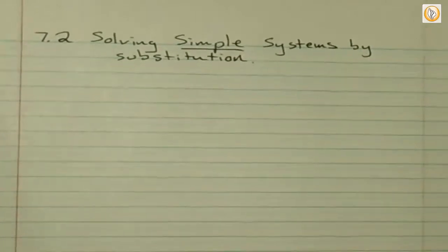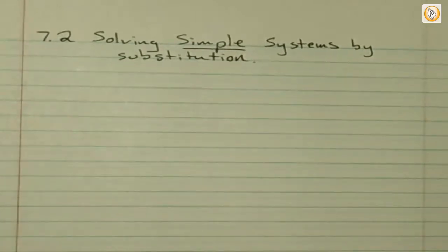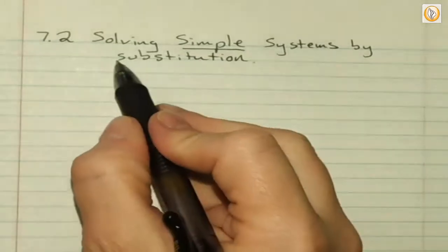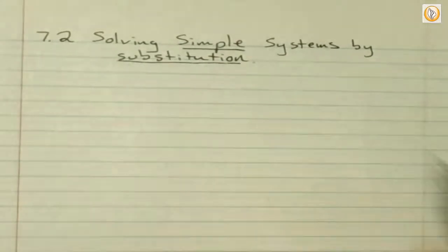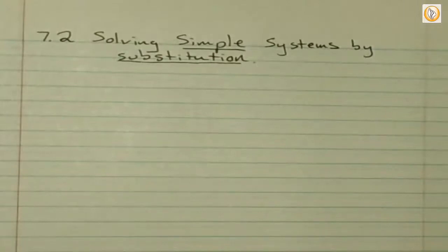Today, we're going to solve the same type of equations, but we're doing it by substitution method. Yesterday was getting an answer by graphing. Today is by substitution. The picture I showed you on the board with my projector was 7.3, solving advanced systems.